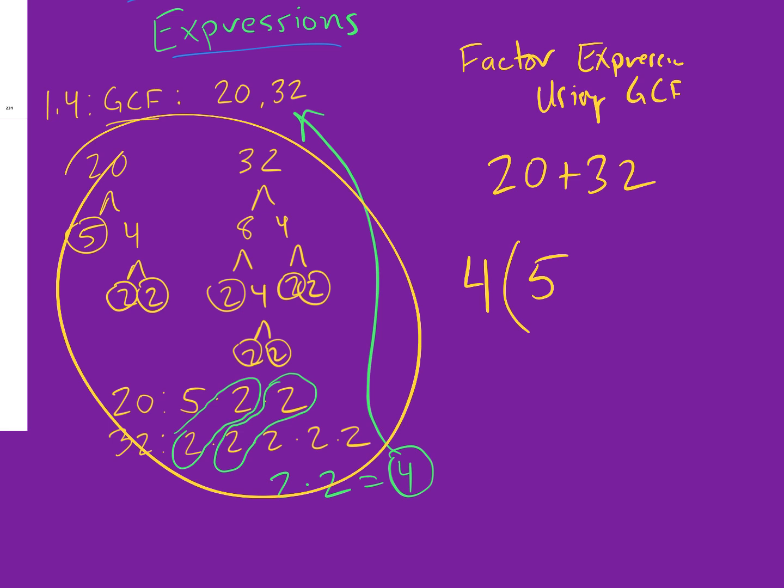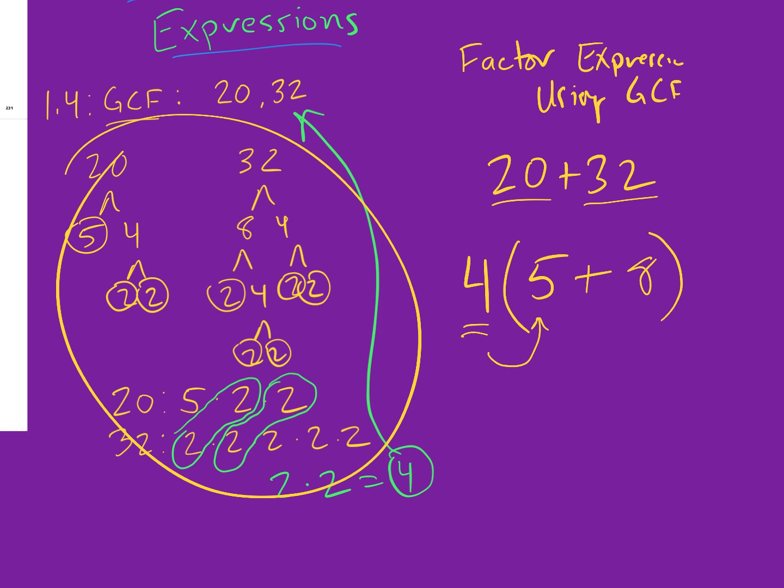Okay, so essentially I'm going to take 20 and divide by my greatest common factor to input that 5 there. And then I'm going to keep my sign, my operation plus, and I'm going to do the same thing to the 32. 32 divided by 4 will give me 8, and then I close my bracket.